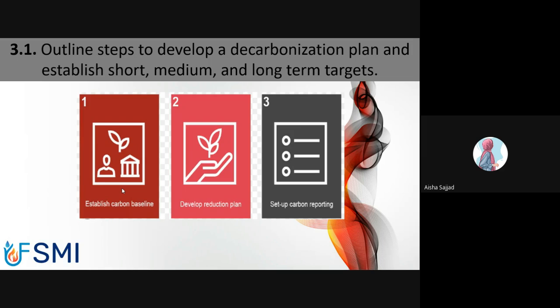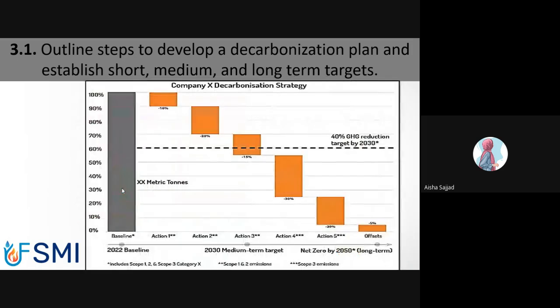I want to create a reduction plan for myself, that this is the amount of reduction in greenhouse gas emissions that I want for my organization, and this is how much I need to remove from the atmosphere. And as a result, you will have to report and communicate the carbon plan that you have come up with. So these decarbonization plans can be short term, medium term, and long term as well.